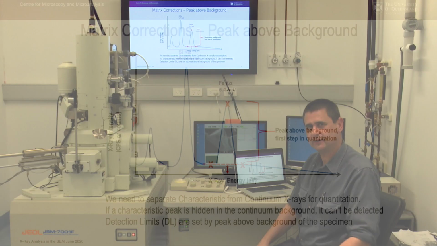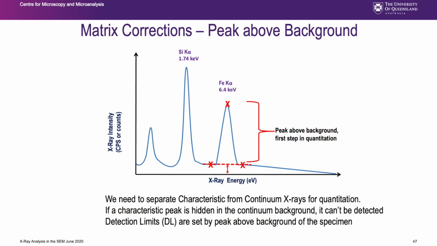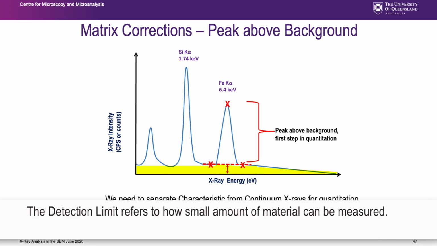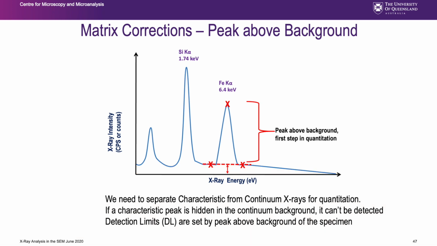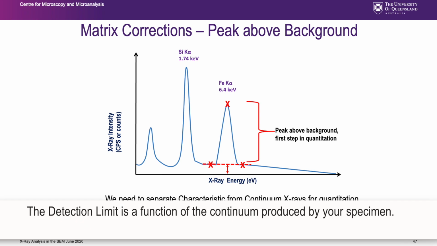On the microprobe, we have a lot more control over how we're going to measure the background. The important thing is the continuum X-ray spectrum is non-zero. It exists. So often the question is, how small amount of material can I measure? And that's basically the detection limit. It's not really a function of the SEM or the detector, it's a function of the continuum produced by your specimen.